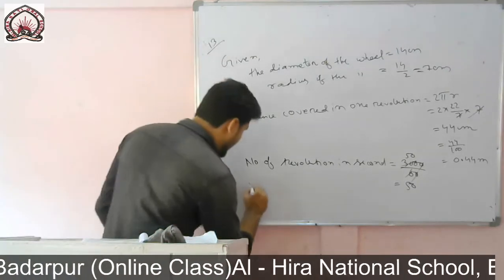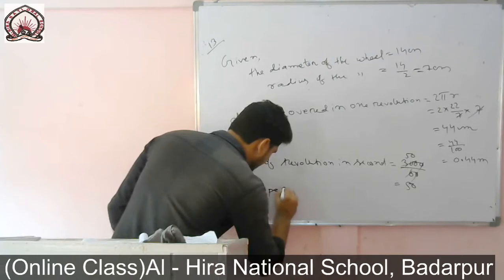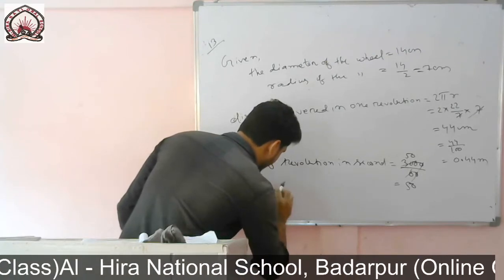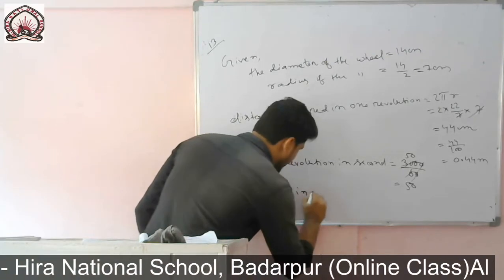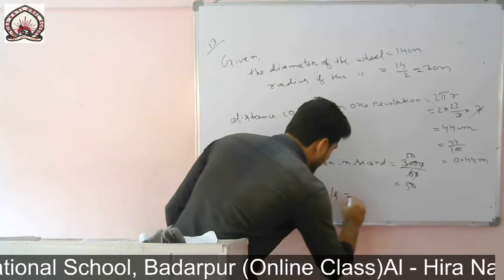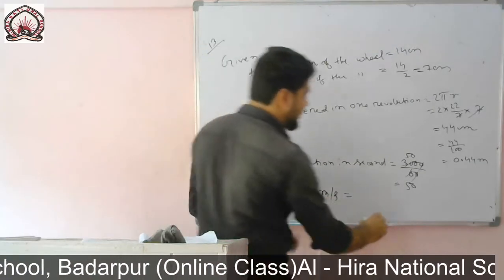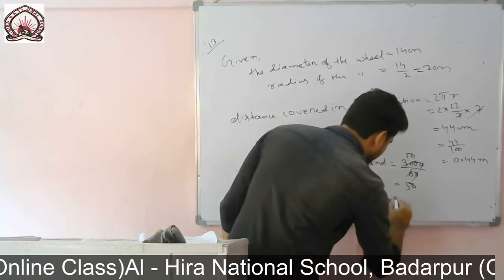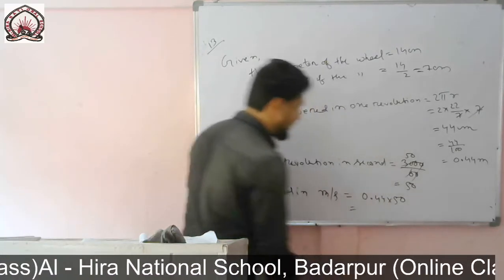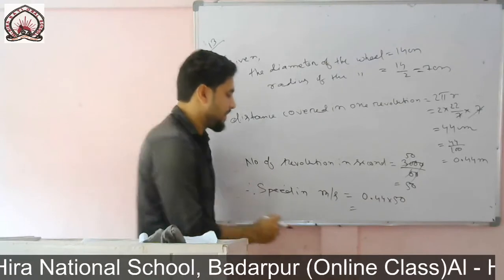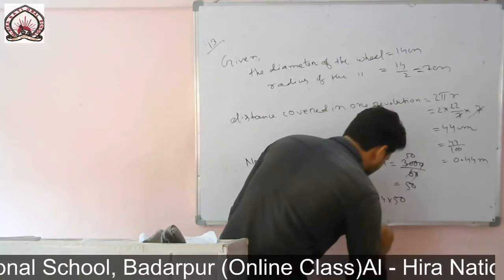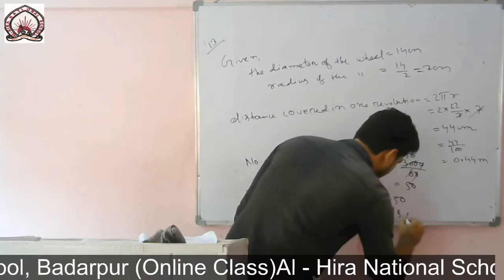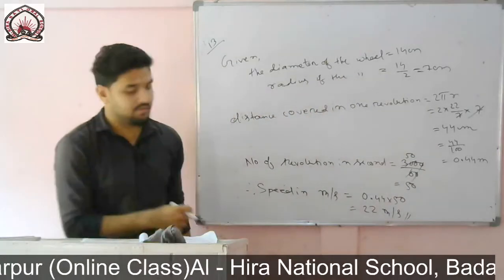Therefore speed in meter per second will be, if you multiply, 0.44 into 50. Then you will get 22 meter per second. Okay, that is the answer.